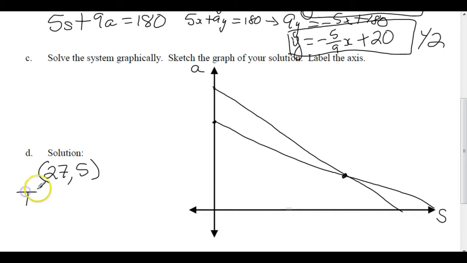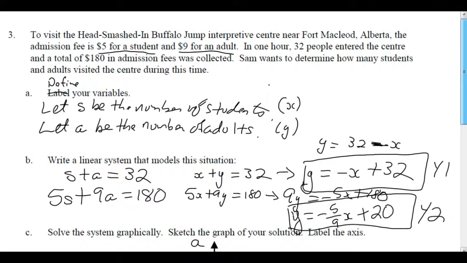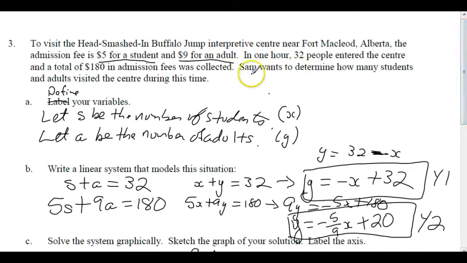And we should probably write that down, because maybe we went the other way. Maybe x was adults and y was students. Okay, so we need to explicitly state, right? And I think it asks even, Sam wants to determine how many students and adults visited. So in a word problem, you define your variables, you write your system, you solve it, however you're going to solve it.